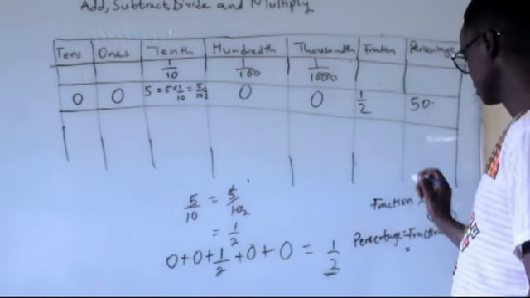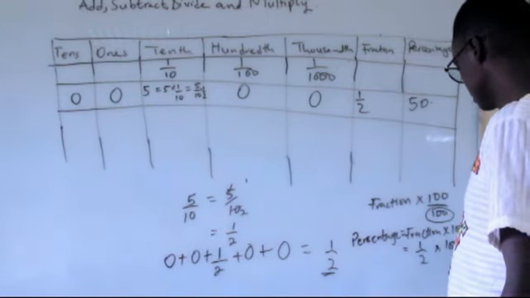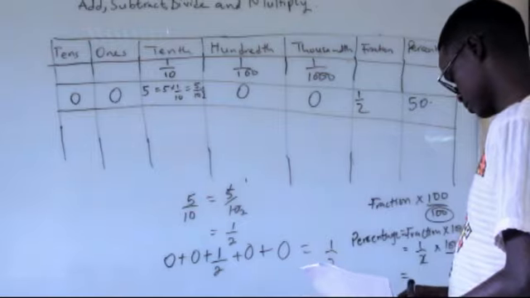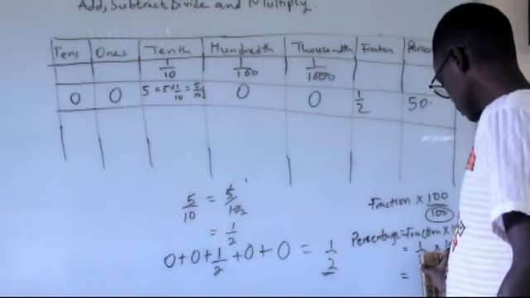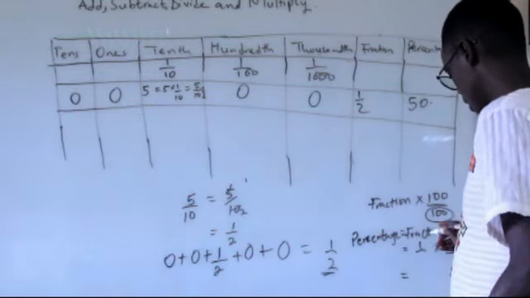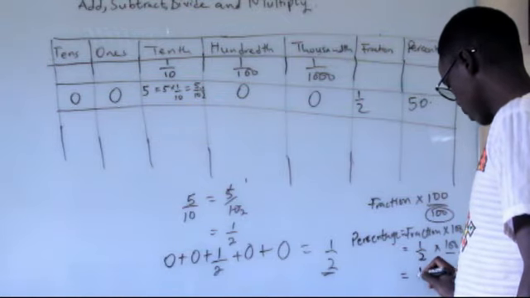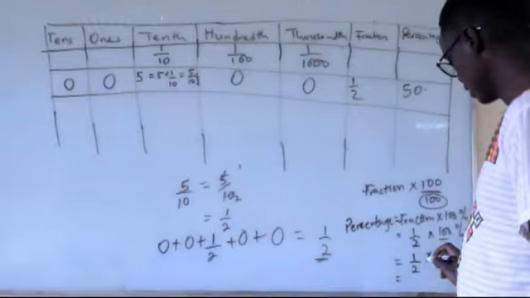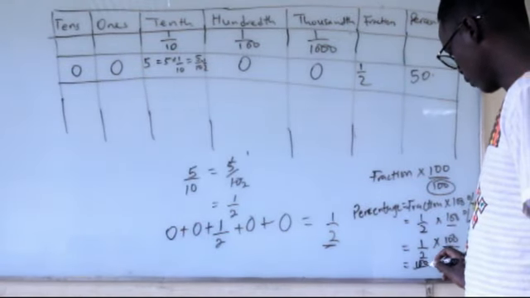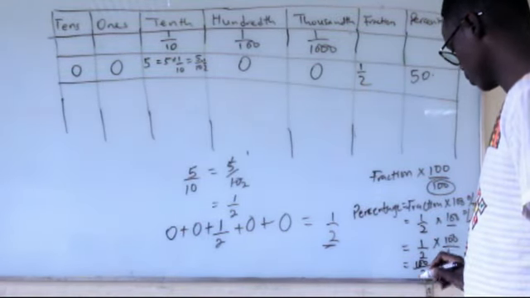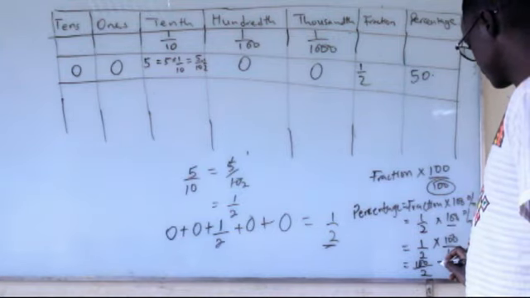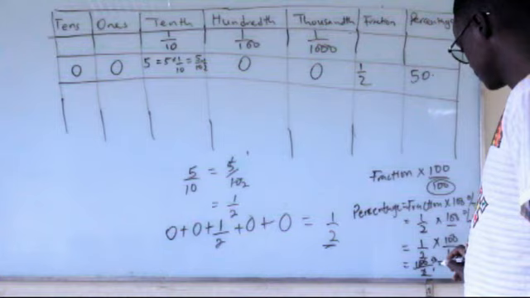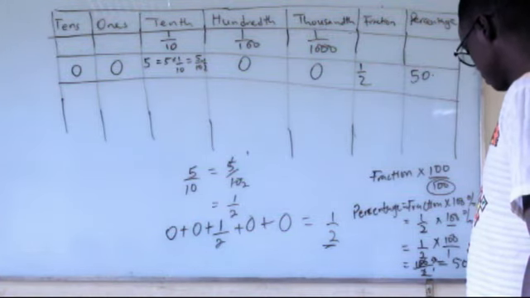So our fraction is a half, which is 1 over 2. So this gives us 1 over 2 times 100, which is 100 over 2, and that gives us 50, which is 50%.